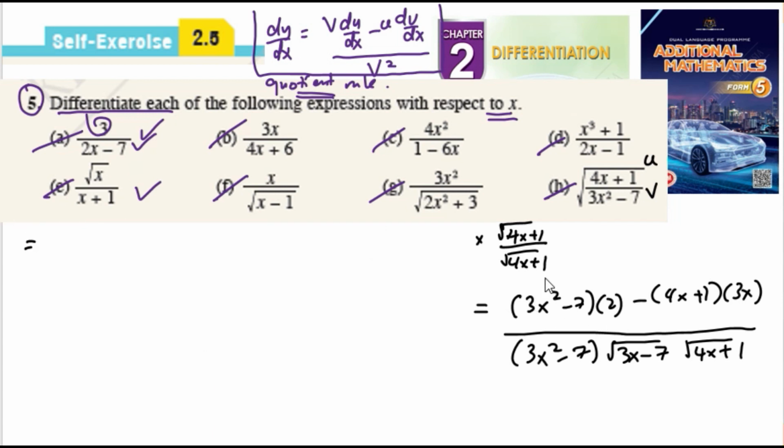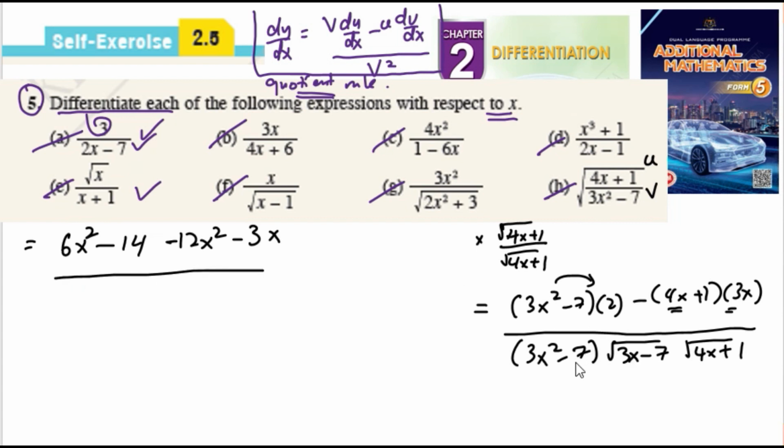So here you see you can expand 3x squared times 2, you get 6x squared, negative 7 times 2, negative 14. So 4x times 3x, you get 12x squared. So minus 12x squared because we have minus. 1 times 3x is 3x, so negative 3x. So you see here this one and this one is similar, right? Just the power is different.